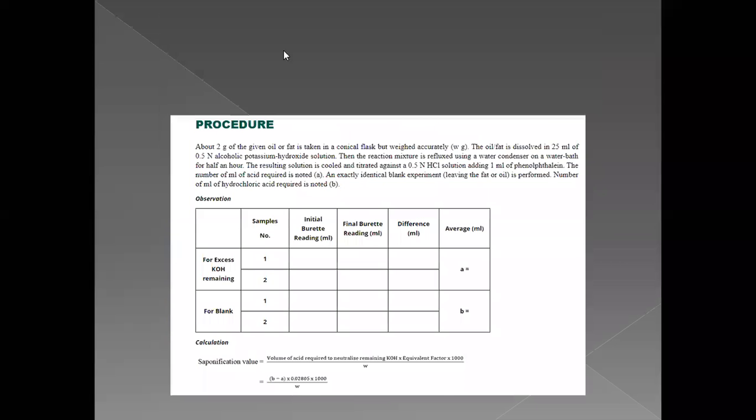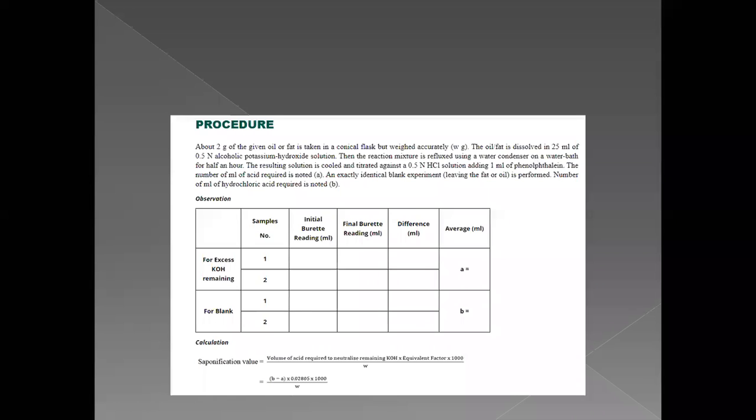Now procedure. About 2 gram of the fat and oil we have taken in a conical flask, which will be dissolved in 25 ml of 0.5 normal alcoholic potassium hydroxide solution. Now this mixture is refluxed using a water condenser. This is to be kept for reflux. In the next experiment, I will show how the reflux can be attached.